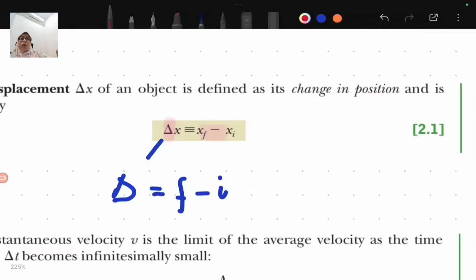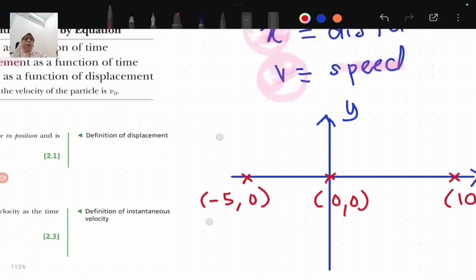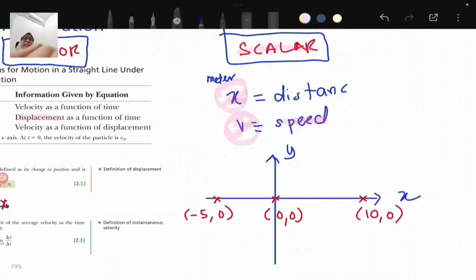But once we incorporate x, it means x final minus x initial. So that is displacement. In the case of its pair, we call it distance just now. It's a measurement of the total path length taken, everything that is traversed.